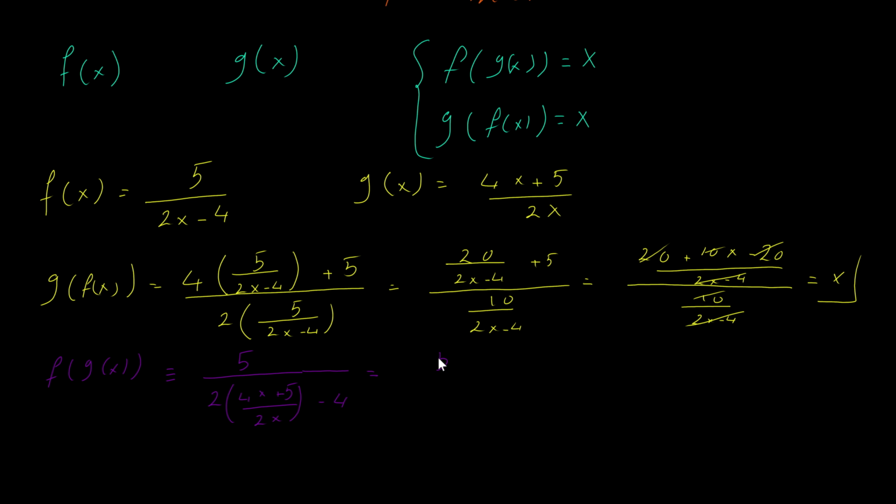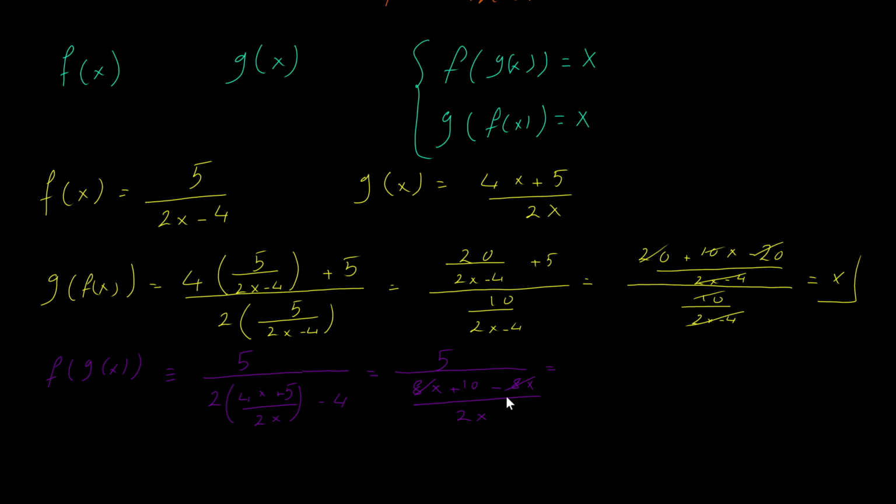All right, so 5 in the numerator stays. We do the multiplication, and then we also need to get the common denominator. So this one becomes 8x plus 10. We get the common denominator minus 8x, the whole thing divided by 2x. So the 8x's cancel out.